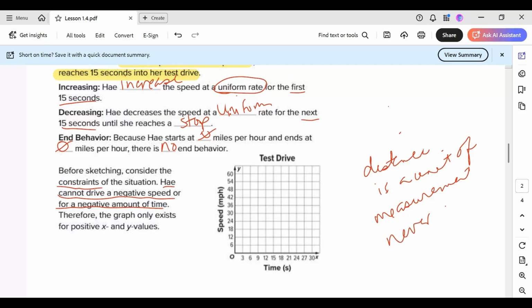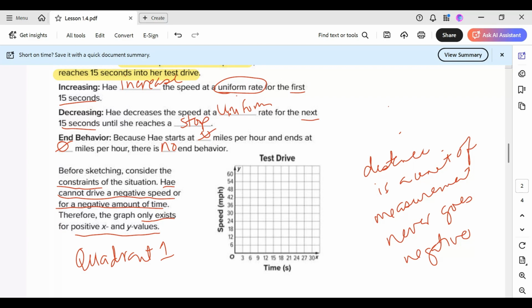It never goes negative. So, therefore, the graph can only exist in positive x and y values, which means you can only be located in quadrant 1. That's the only place you can be located.